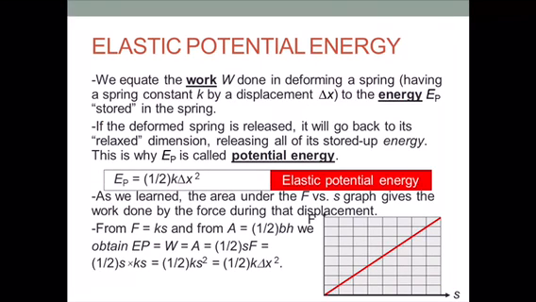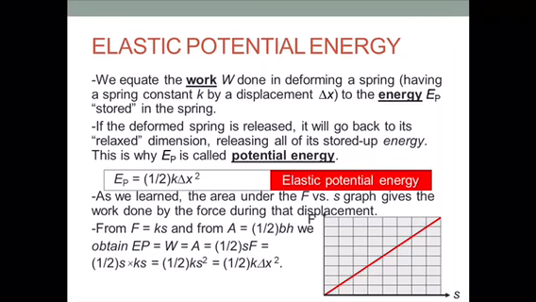Now let's talk about elastic potential energy. We equate the work done in deforming the spring that we just found, having a spring constant of K and displacement delta x, to the energy, which we denote by EP, stored in that spring. If the deformed spring is released, it will go back to its relaxed dimension, or its initial position, releasing all of its stored up energy.